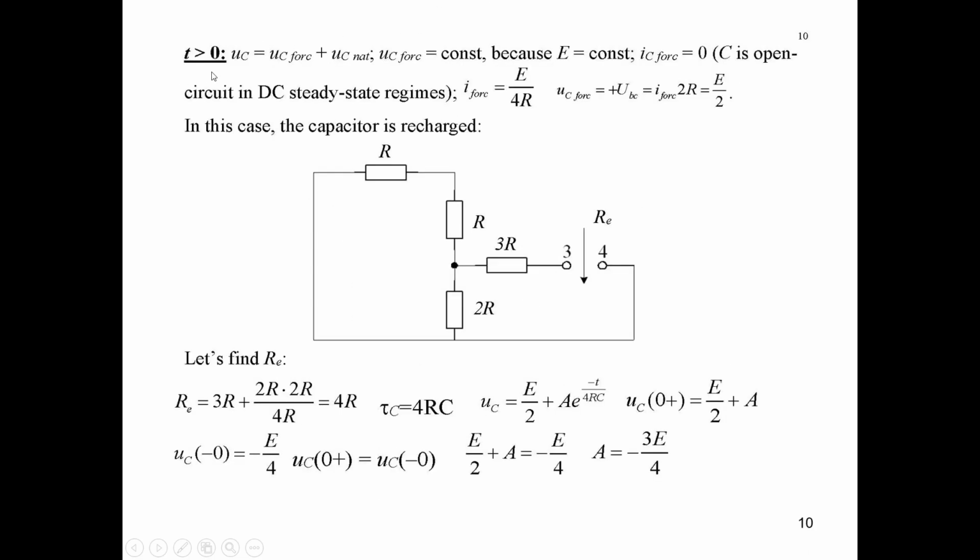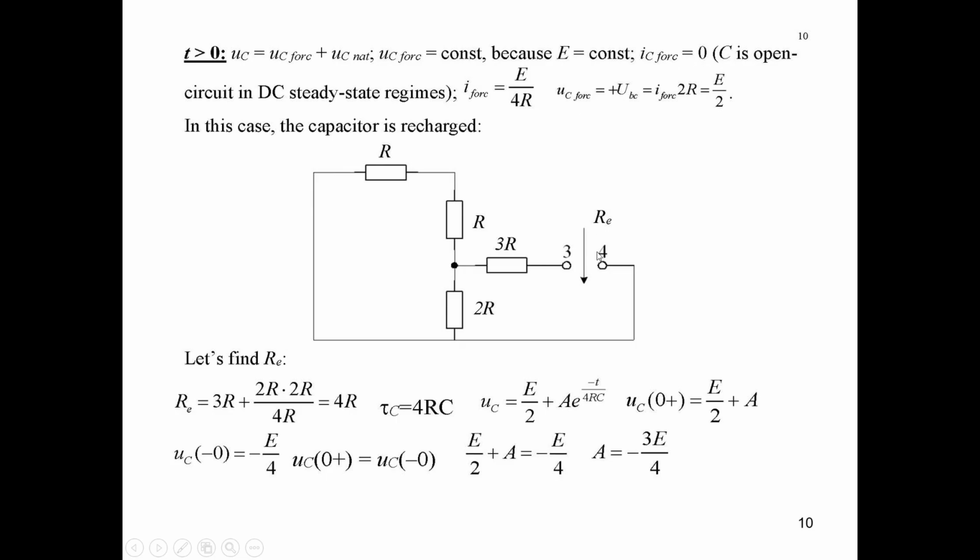For t greater than 0, we can write down that UC equals UC forced plus UC natural. UC forced will be constant because E is constant, and IC forced by the same reason equals 0 in steady state regime.